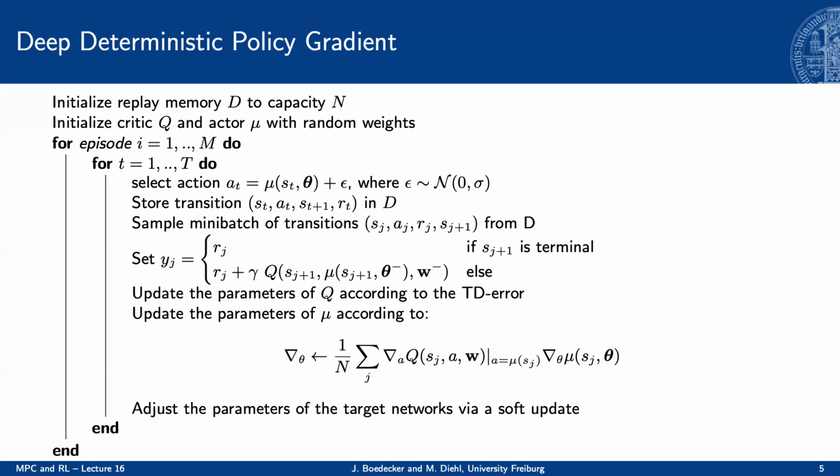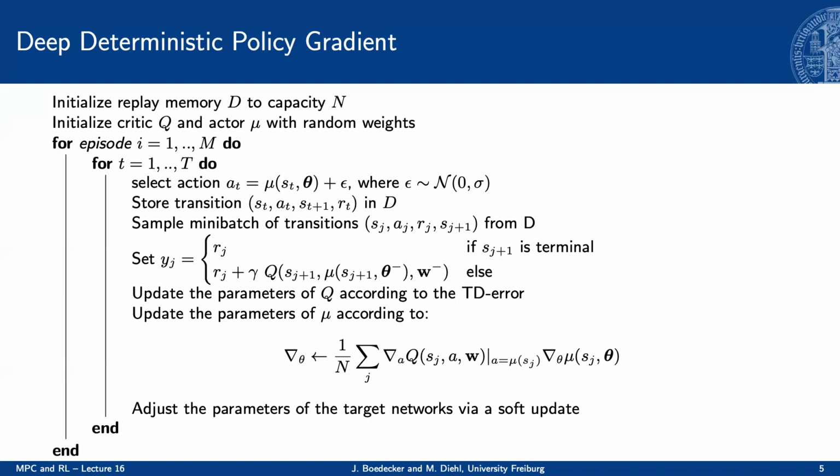We select the action A_t for the current time step according to what the actor says we should do in state S_t, with our current parameters theta, and we add some normally distributed noise to it to maintain exploration. This is just zero mean noise with a fixed standard deviation. We store the tuple of state, action, next state, and reward in our replay buffer.